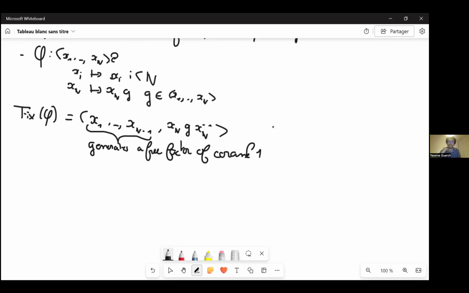So there does not exist such a free FN tree relative to fixed phi.